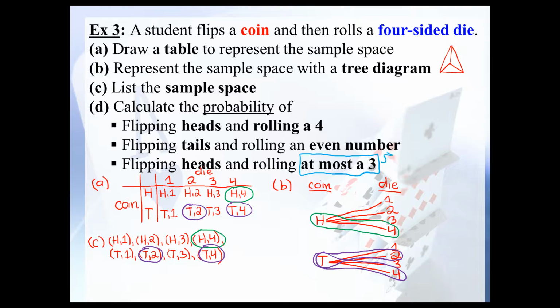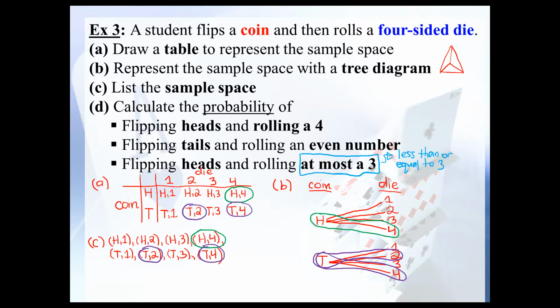So at most a 3 would mean you can have any number that is less than or equal to 3. At most means that's the biggest number you can have, which is the same thing as less than or equal to that same number.